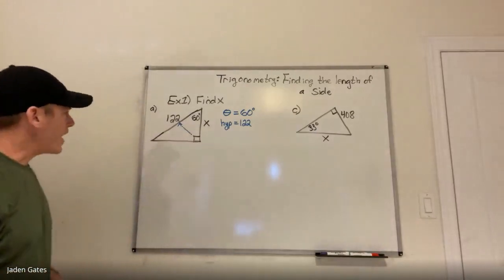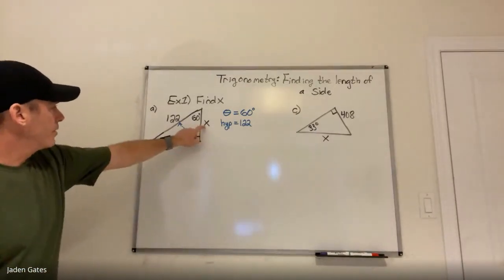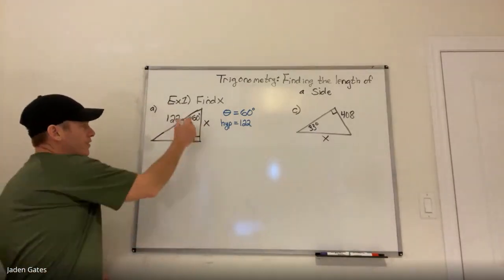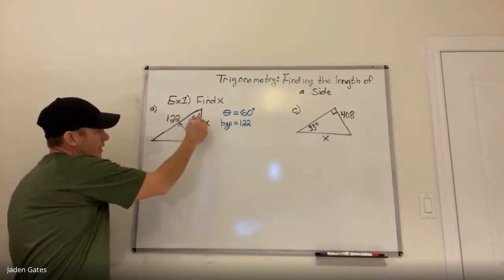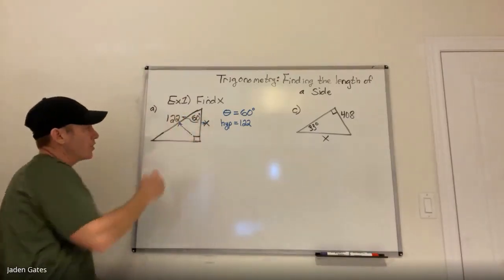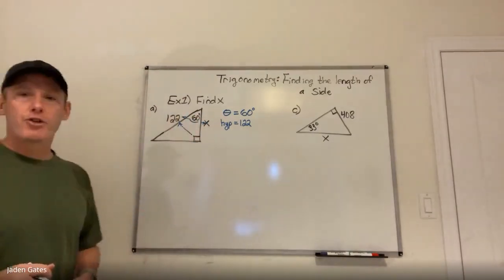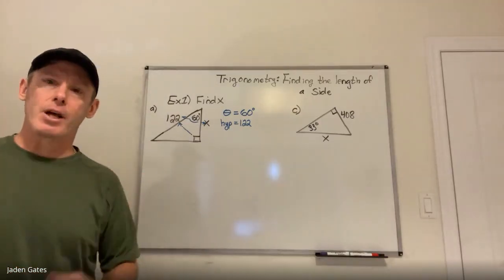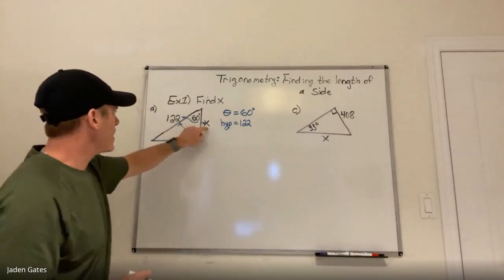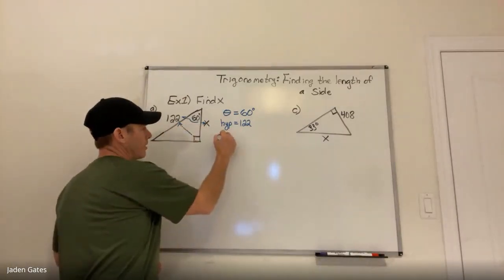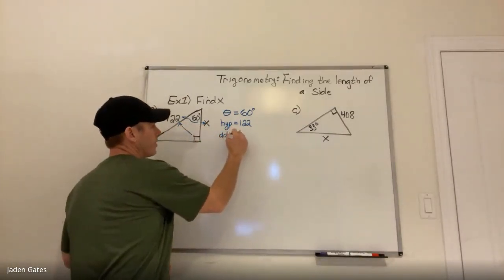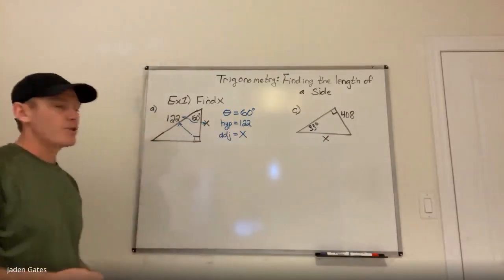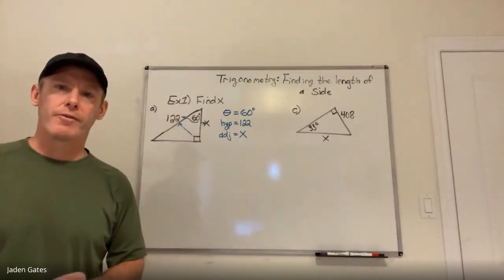All right, now secondly, we have our x here. Now, beside that angle is x, and so is the 122. So one of them's the adjacent. Well, I've already determined that the 122 is the hypotenuse. And so that makes our x the adjacent.